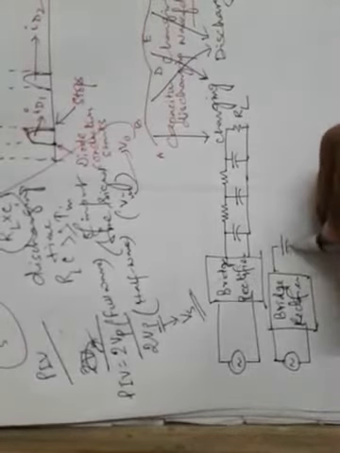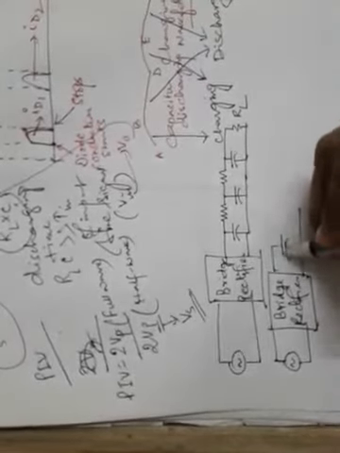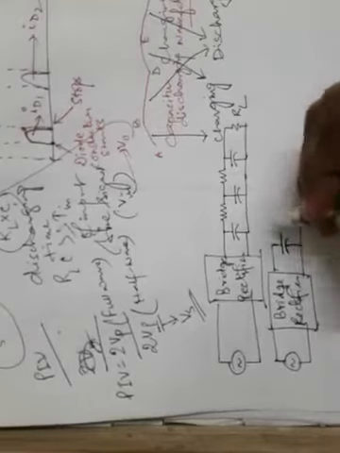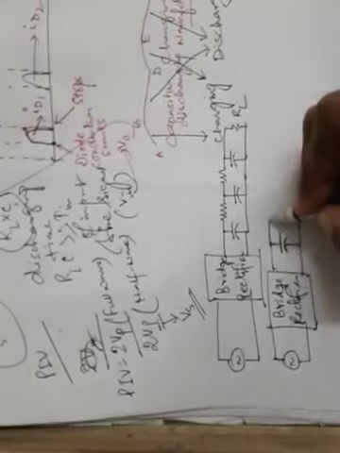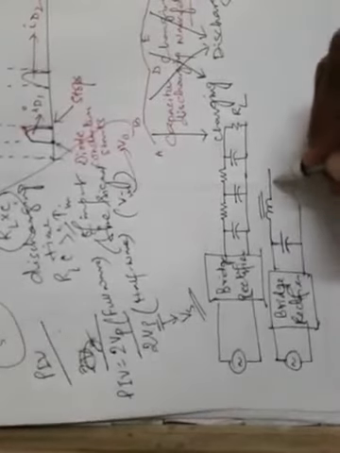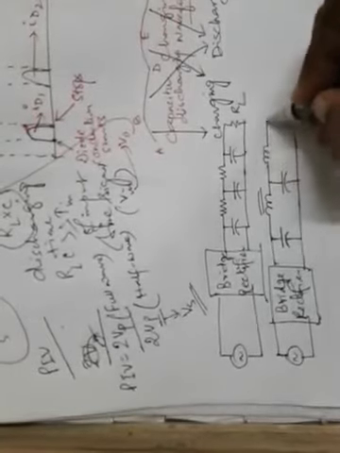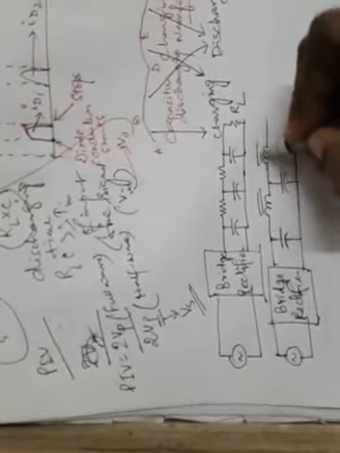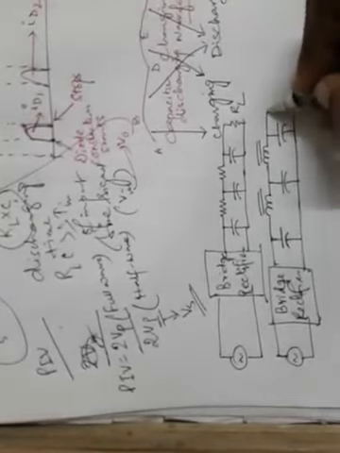First a capacitor in shunt, then an inductor in series, once again a capacitor in shunt, then an inductor in series, then a capacitor in shunt, and finally the load resistance.